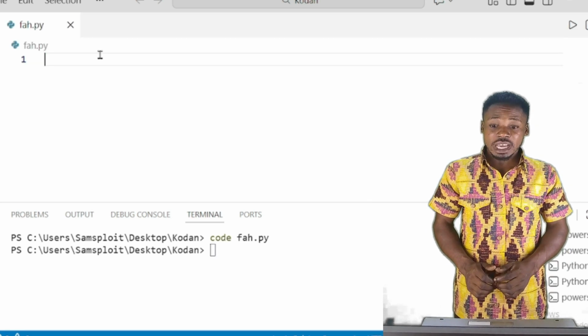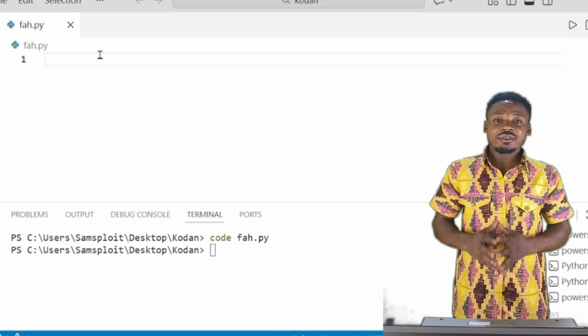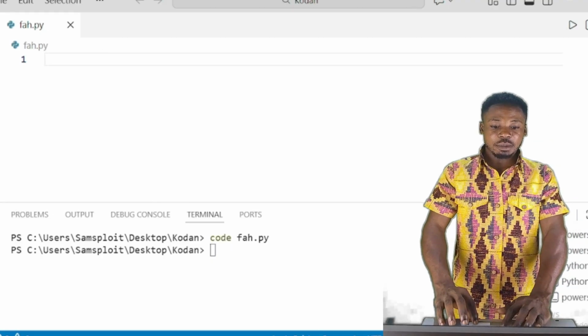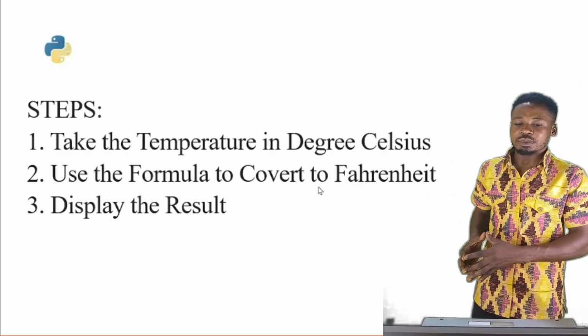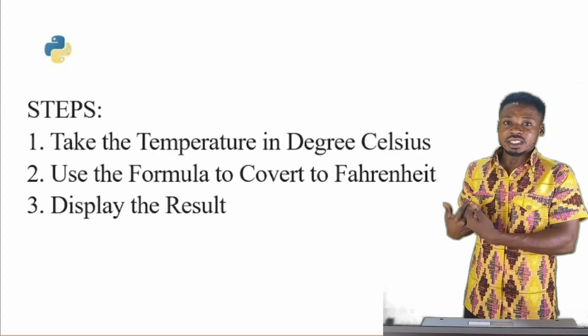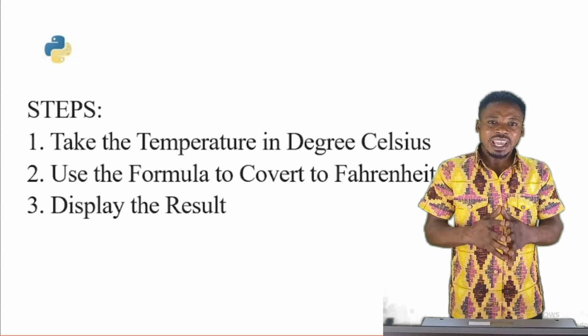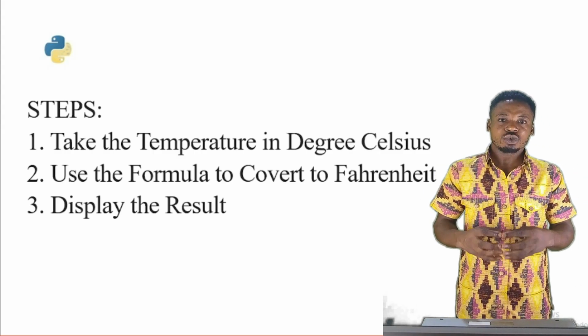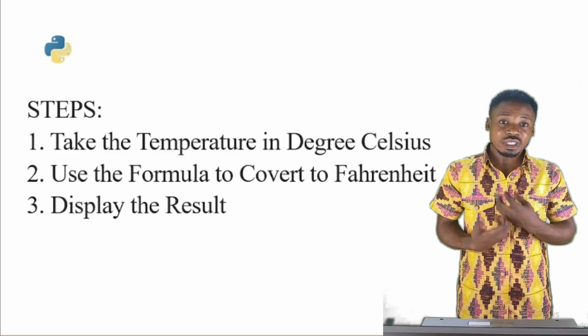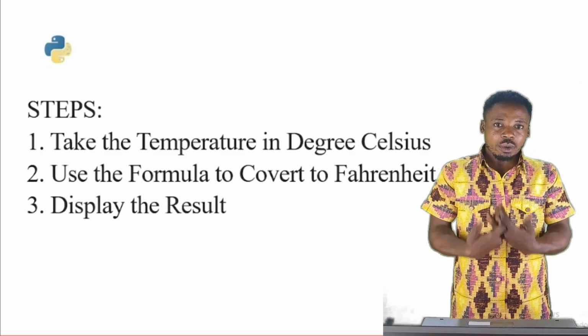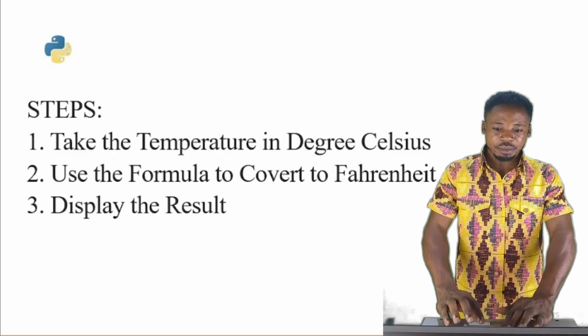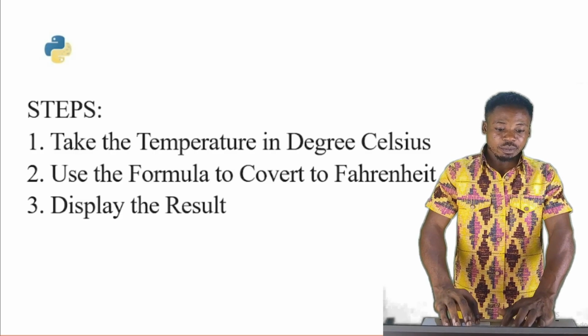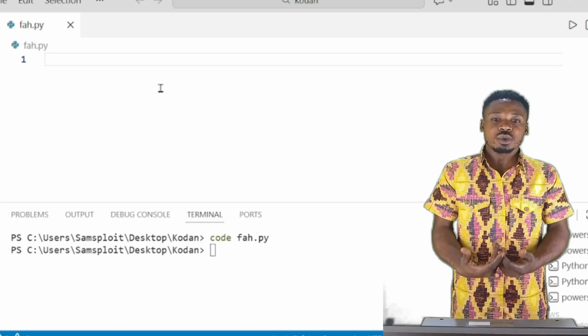Now that the file has been created, the first step says that we are supposed to take the temperature in degrees Celsius. And what Python function do we use to allow the user to type something from the keyboard into the program? We all know that with this, we make use of the input function.